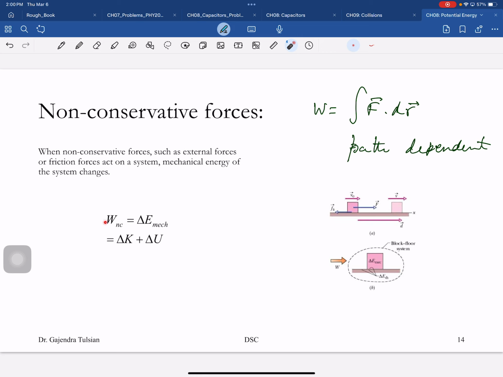So if your non-conservative force does positive work, your mechanical energy increases. If your non-conservative force does negative work, your mechanical energy decreases. Friction forces always do negative work, and your mechanical energy decreases. So when you apply brakes on your car, you're doing negative work, and your kinetic energy is decreasing. Your mechanical energy is decreasing. So non-conservative forces change mechanical energy.